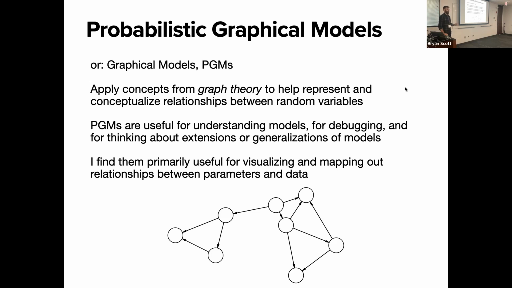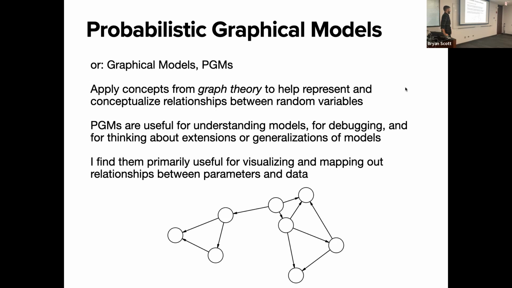You can also go the other way. Maybe you want to start by writing down the distributions and then map out a graphical model, and that might help you find bugs in the way that you're thinking about the way that your parameters are related. They're also useful because, as we'll see, it makes it clear how to extend a model, how to build in other dependencies on parameters that you might have in a model. And I'm talking very abstractly now, but we're going to go into some very specific examples in a little bit.